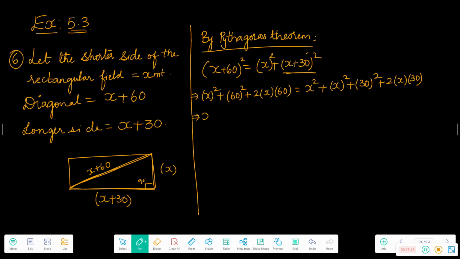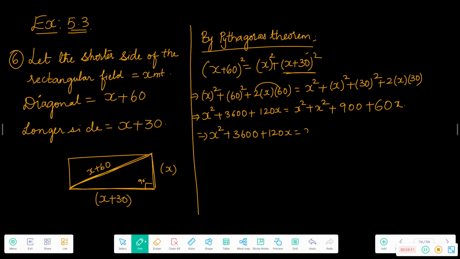Now we will get x square plus 3600 plus 120x is equal to x square plus x square plus 900 plus 60x. So we will get x square plus 3600 plus 120x is equal to 2x square plus 60x plus 900.